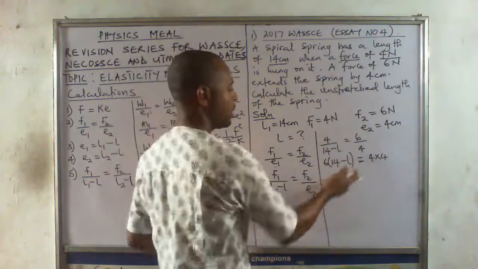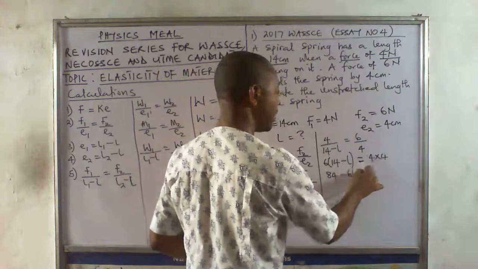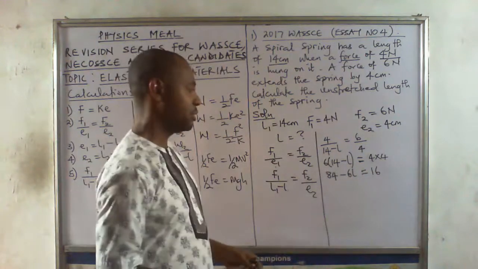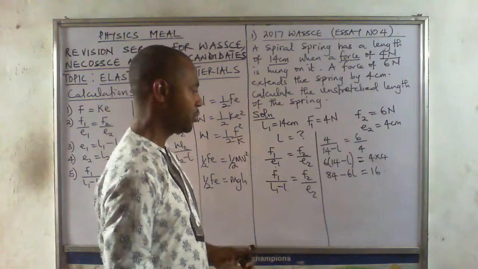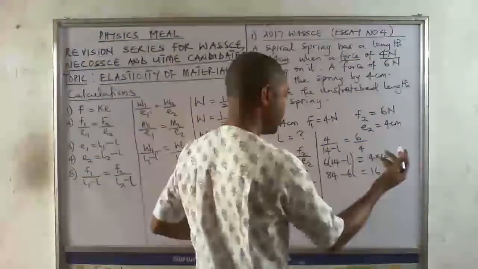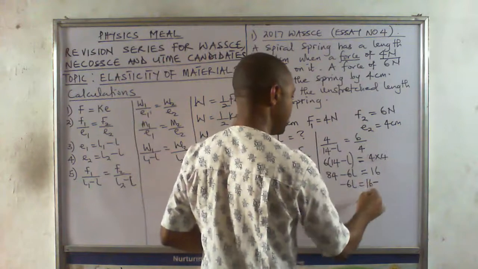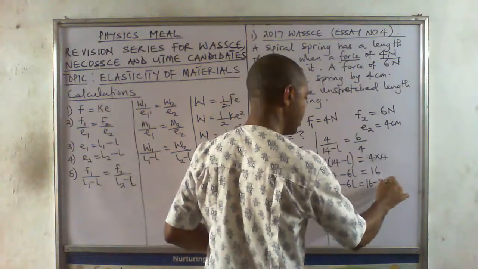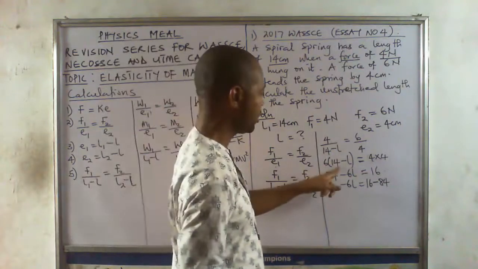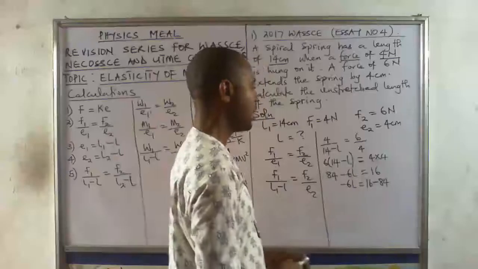Now we open the bracket. 6 times 14 will give us 84 minus 6L equals 16. Isn't that beautiful? Very beautiful. So we go again. We can transfer this. I can write that minus 6L is 16 minus 84, because 6 times this will give us 84, and 6 times this will give us 6L.